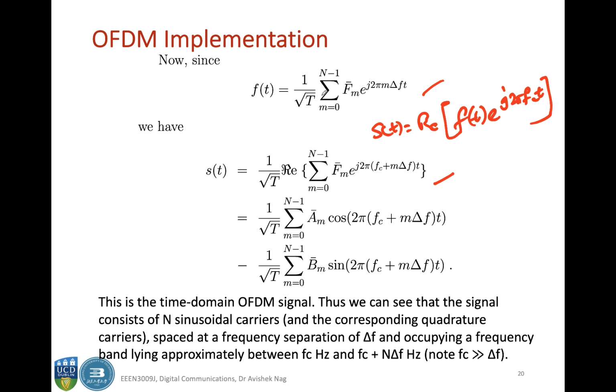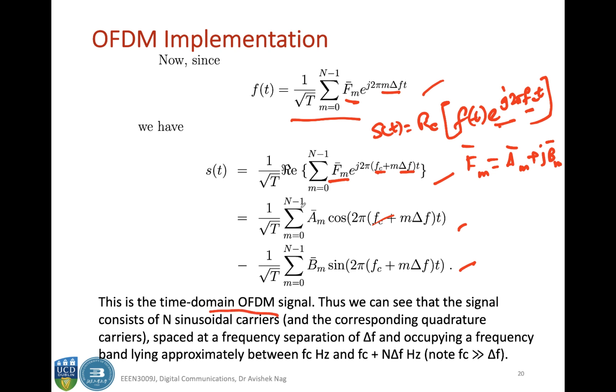You replace f(t) here, and we'll have f_c plus m delta f, so f_c plus m delta f, and j 2 pi of that times t, and these Fm's come from f(t), and then the real part of this. And then capital Fm is basically a_m plus j b_m. So basically we have this simplification. So this is the time domain OFDM signal.